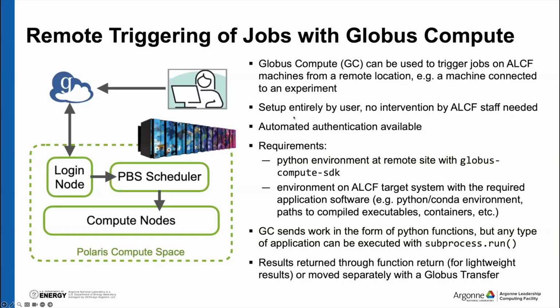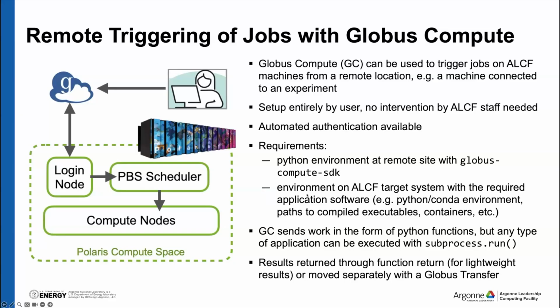So this is currently set up entirely by the user, so you do not need ALCF staff to set this up for you. We obviously are here and willing to help you, but this is something you can have control over. And the basic requirements are you need to have a Python environment at your remote site, where the scientist is sitting, that has the Globus Compute SDK Python package installed.